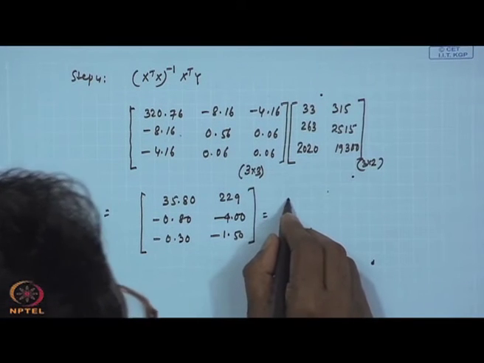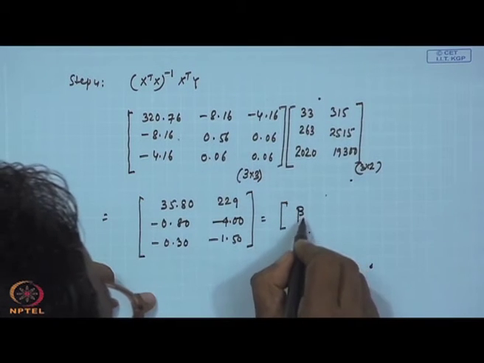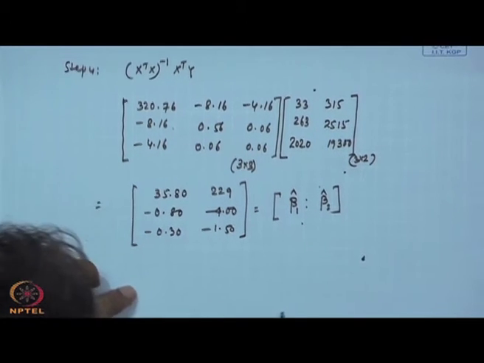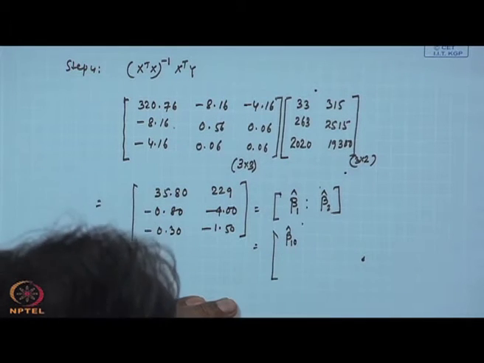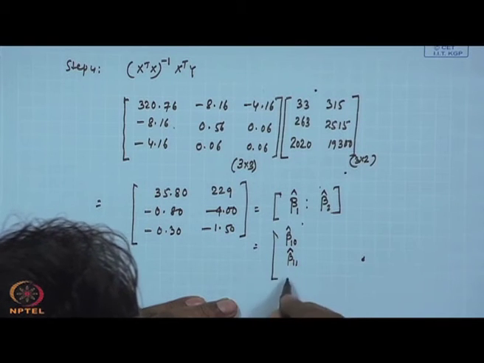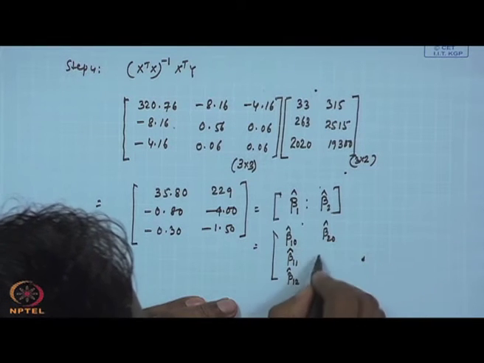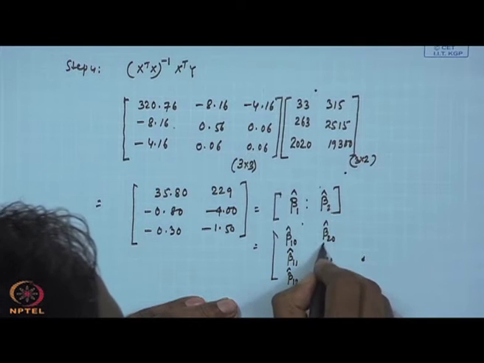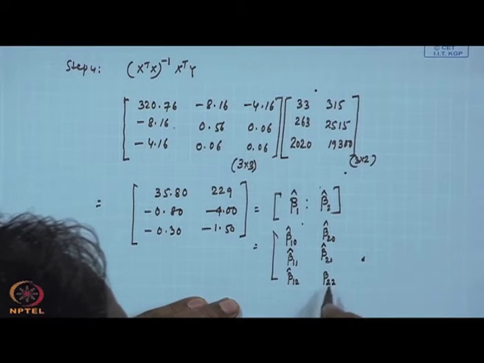This is your beta. If I say beta 1 cap and beta 2 cap, which is nothing but beta 10, beta 11, beta 12, then beta 20, beta 21, where beta 2 is affected by 1, and beta 22, where beta 2 is affected by 2.